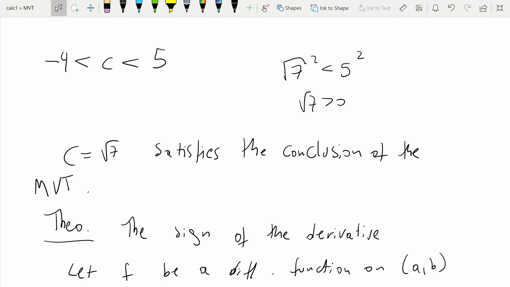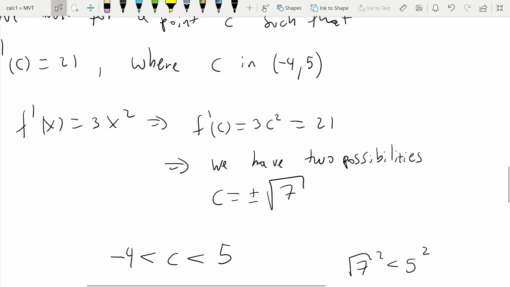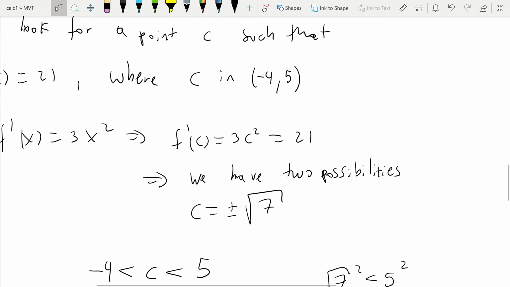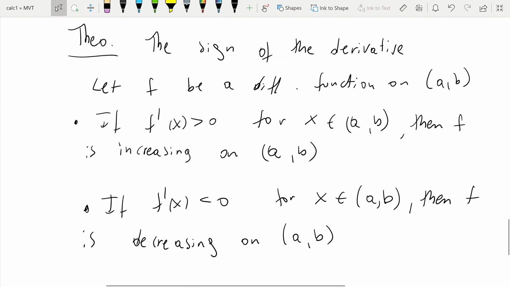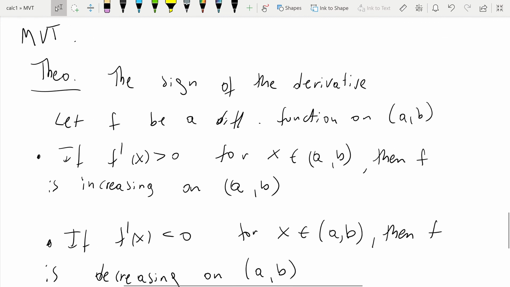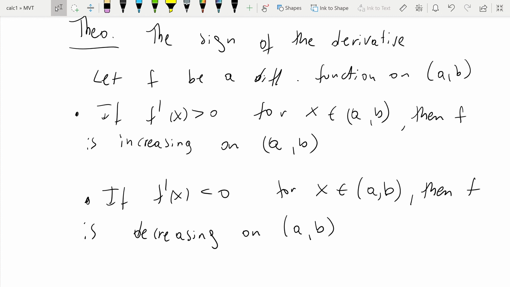Okay, so this is the test that we're going to be using later on when we want to find out whether the zeros of the derivative correspond to a local max or local min. And this theorem here is a consequence of the mean value theorem. It's just a natural thing.